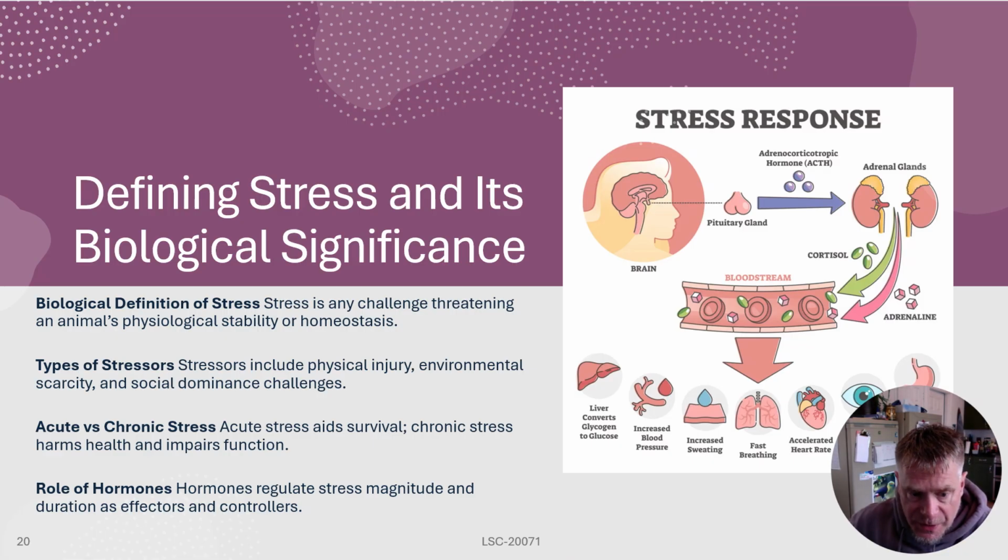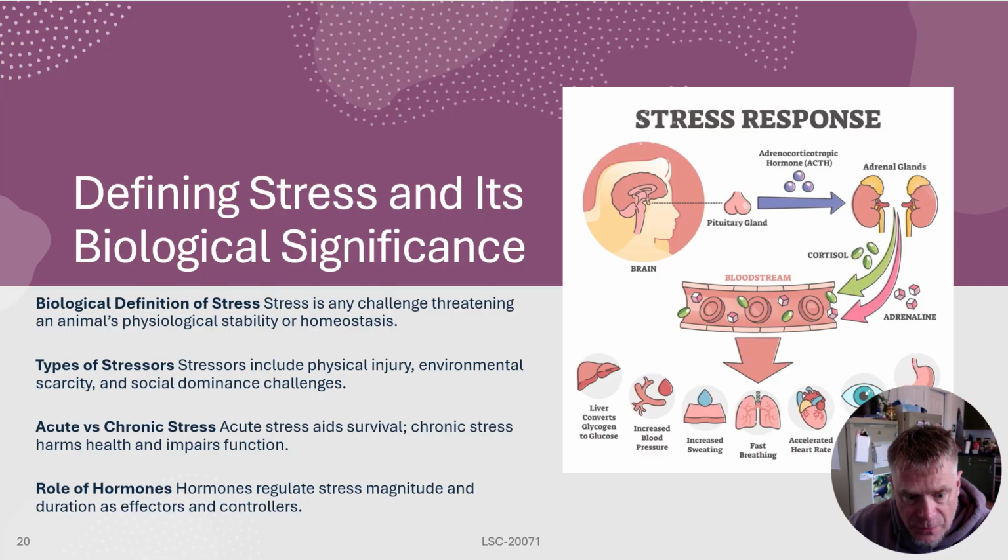There's a difference between acute versus chronic stress. Acute stress affects survival. It could mean if the interaction goes wrong, the animal dies. For example, it's eaten or something.